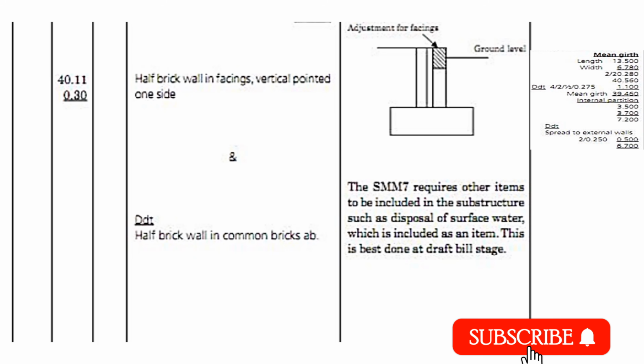We deduct a half brick wall in common bricks as above described. So for the half brick wall in facings, it shall be 40.11 times 0.3. Then we shall deduct the same area for half brick wall in common bricks.